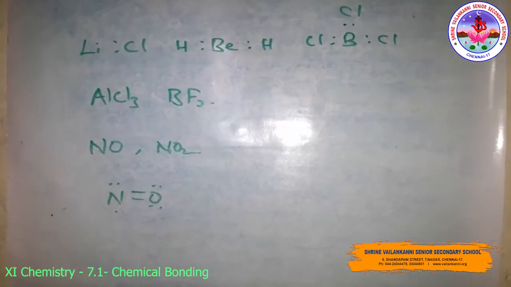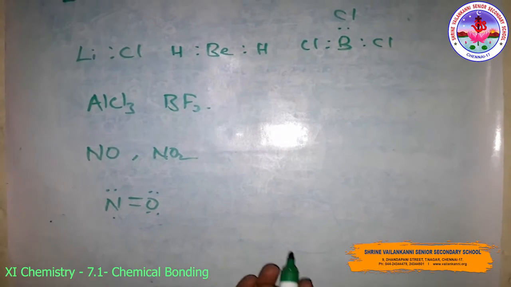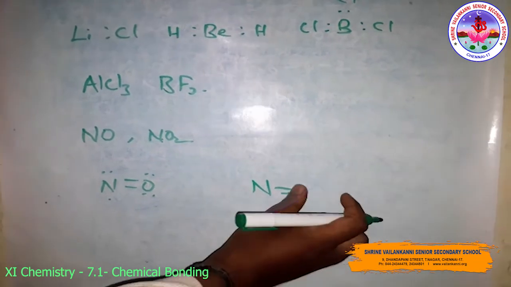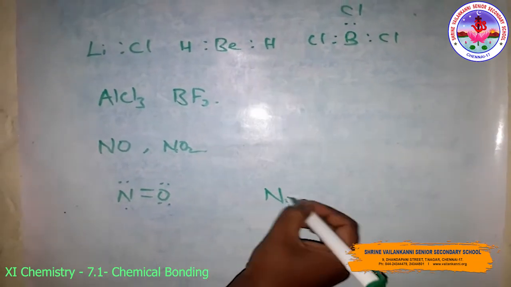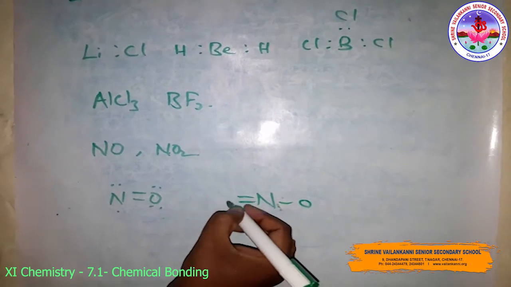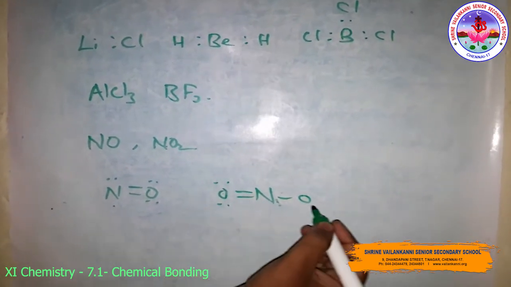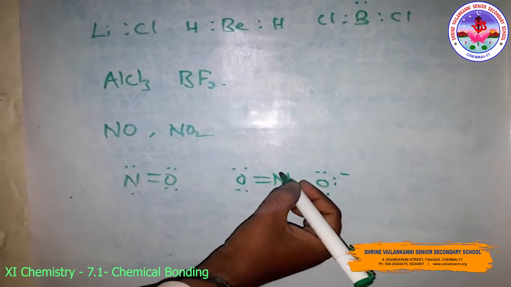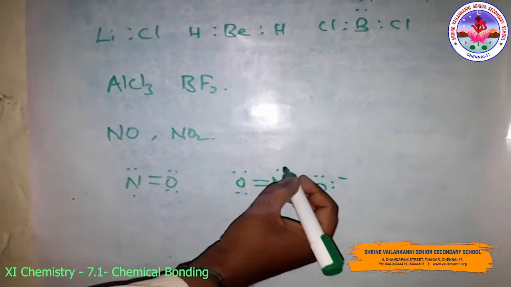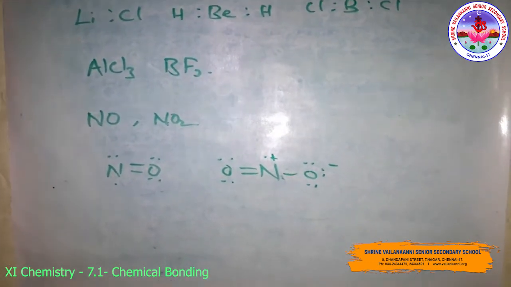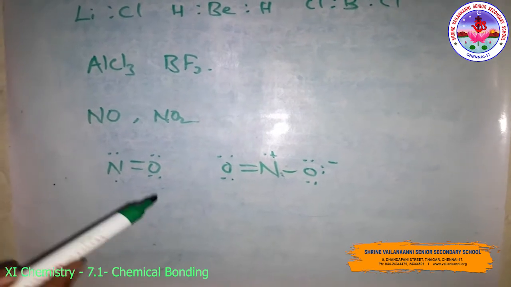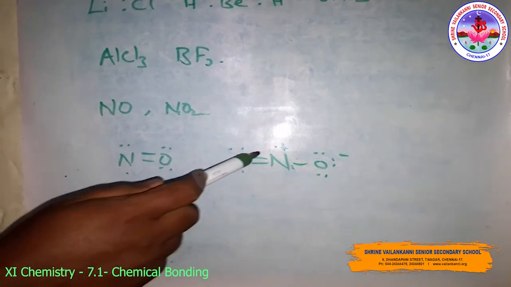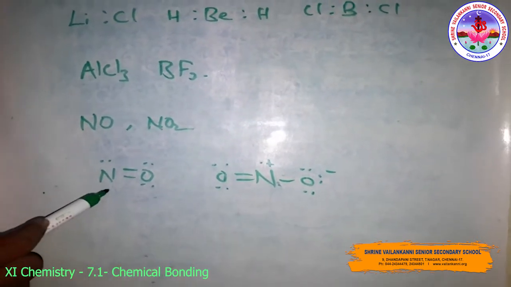Then similarly for NO2, the structure has only one electron and a plus charge, like this. Here we have odd electron numbers. Look here, this is the odd electron, one electron.